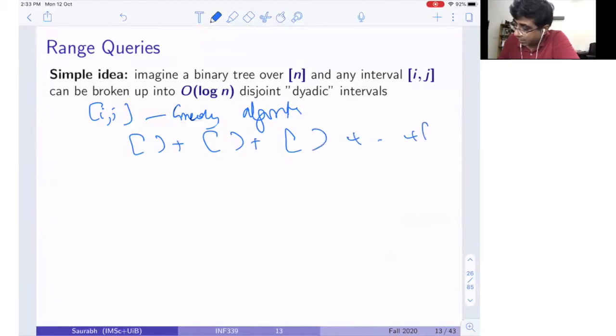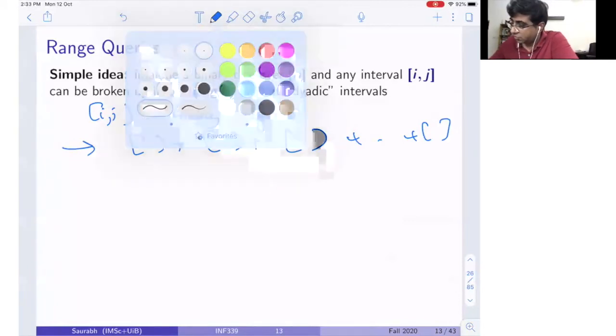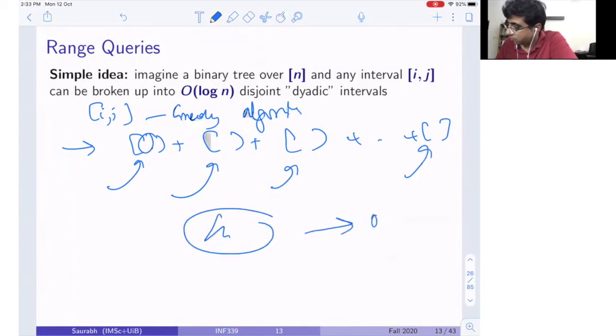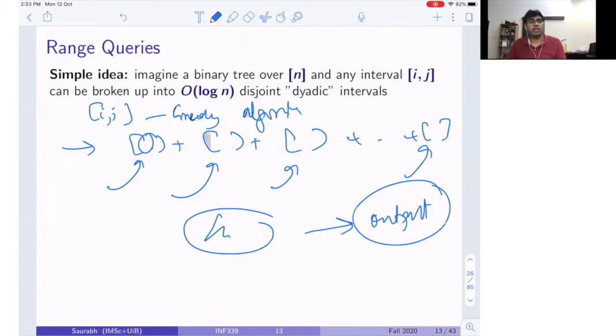Now that I have broken it down into these dyadic intervals, for each of them I have a data structure and I will query its estimate. I'll query its estimates, sum them up and output that to you. This is my whole algorithm. So now I don't need to store anything. Once I have these log n data structures, I'm good.